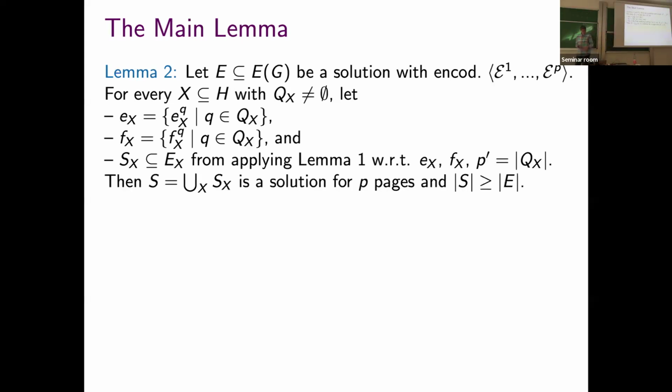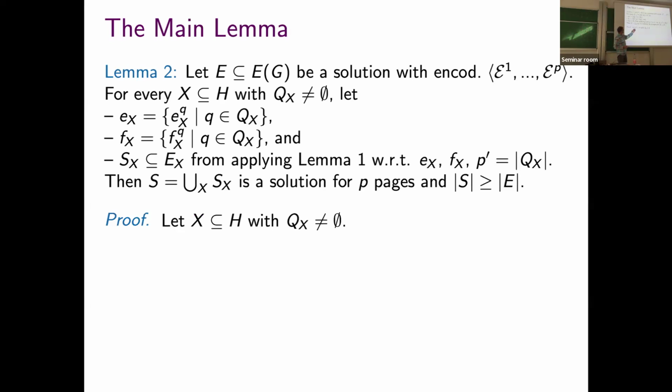And now my claim is, if I do this, then I simply can take all the subsets X and put them into a box. And this is a solution that is at least as good as the solution I started with. So it's a kind of an exchange argument that you can see happening here. And that's exactly the proof.